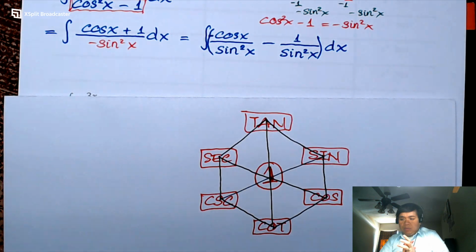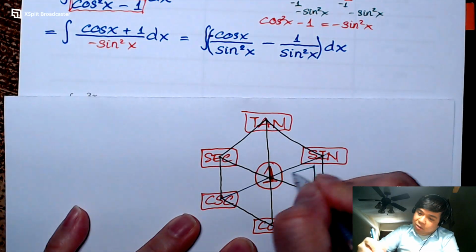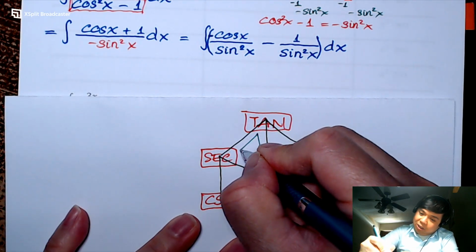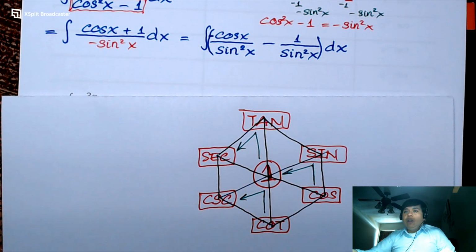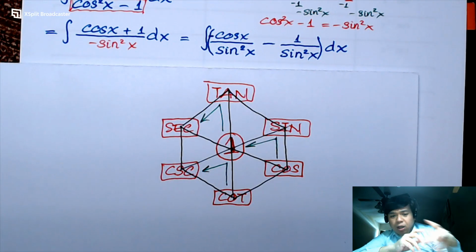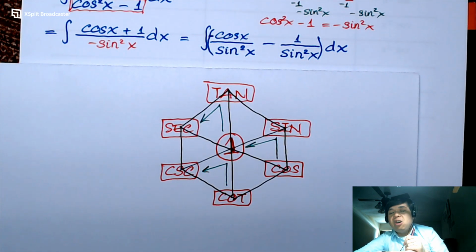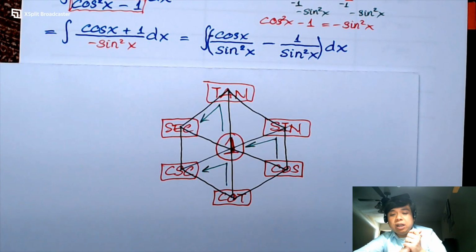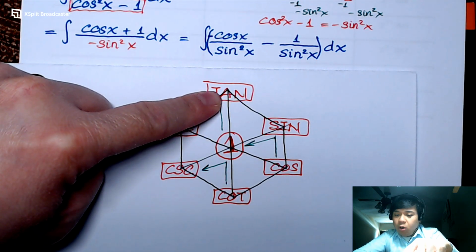So how did that help? Actually, the majority of trigonometry we need for calculus is in this hexagon. So first one we say, if we have tangent on the top, there will be 3 ratios that follow.